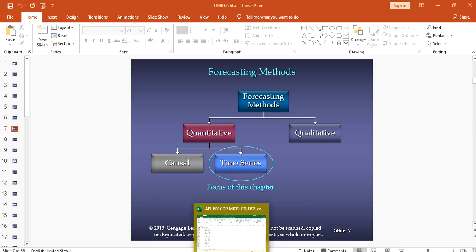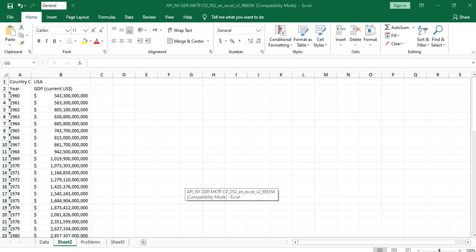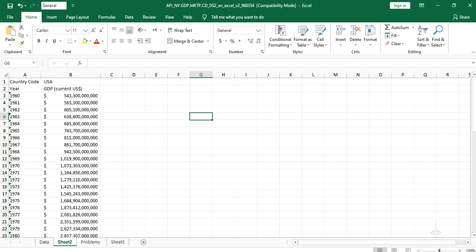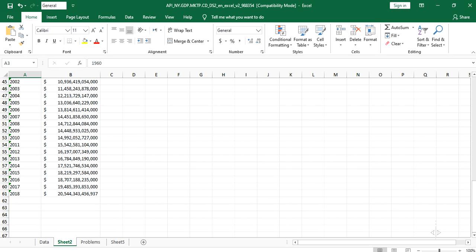Here is an example, and it's a real example: the GDP of United States from 1960 up to 2018. This is time series data.